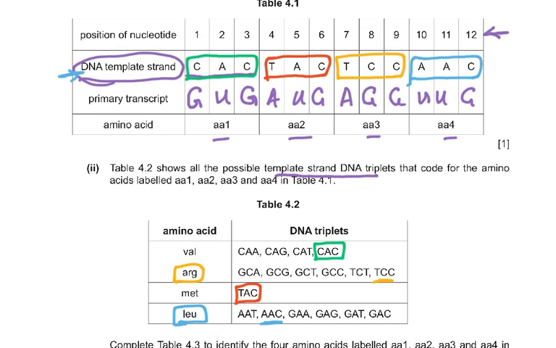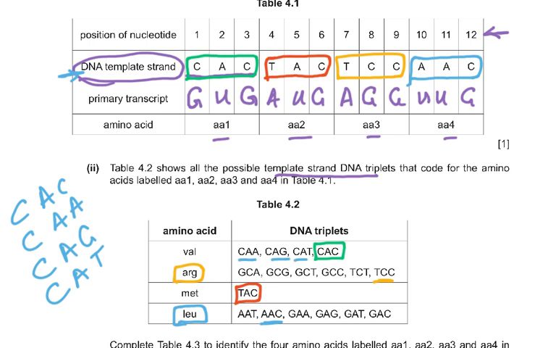It would be CAC. So CAC could become what? CAA. At position 3 could become CAG. Could become CAT. But you see all those CAA, CAG, CAT all code for valine.